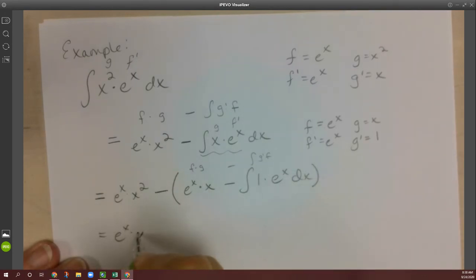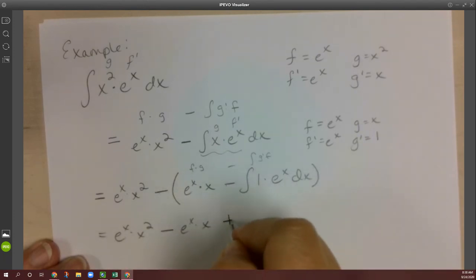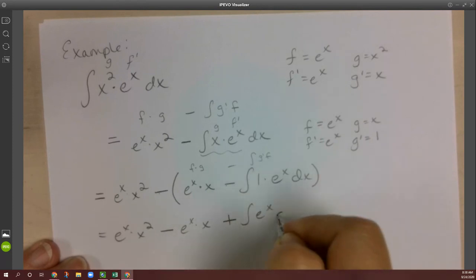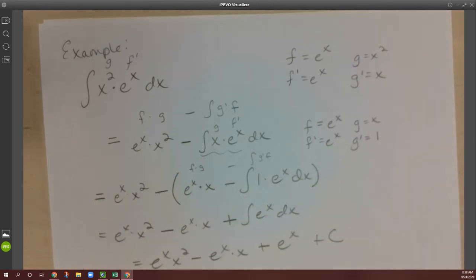So e to the x times x squared minus e to the x times x. If I distribute, that becomes plus the integral of e to the x dx. And now we can finally get an answer. Integral of e to the x is, of course, e to the x plus c.